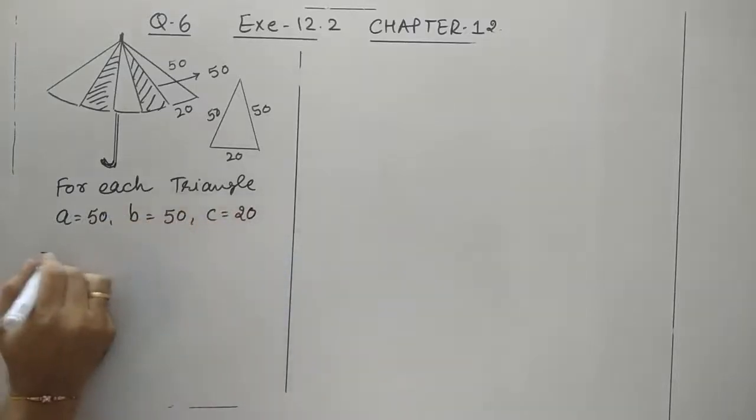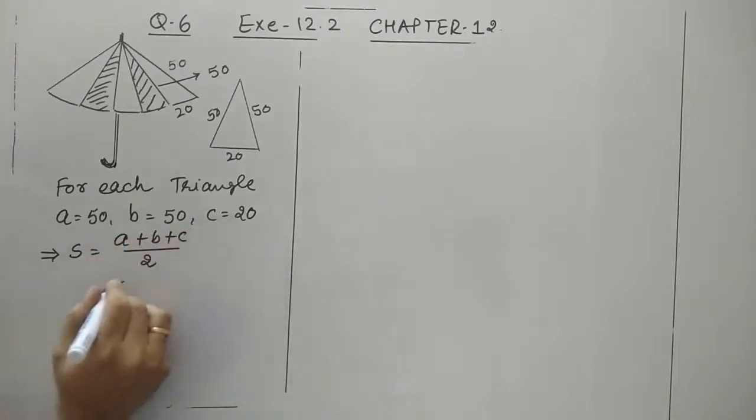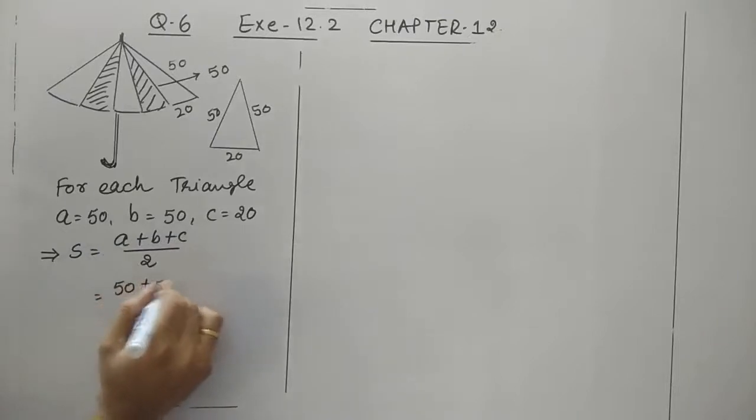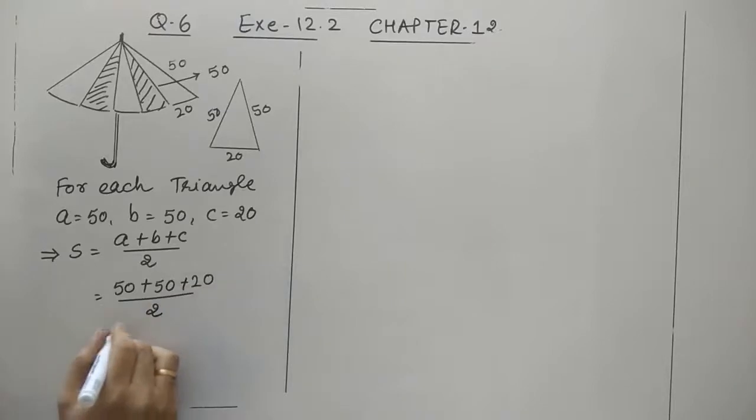So let us find the semi-perimeter, that is A plus B plus C upon 2. Obviously we will find the area using Heron's formula and then multiply by 5. So the perimeter is 120, and half of 120 is 60 centimeters. So we obtain the semi-perimeter.